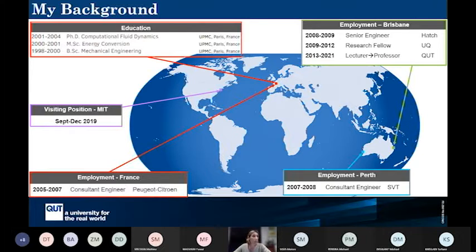In between, I also spent 4 months at MIT in 2019, just before COVID hit. So I was quite lucky to be able to go there, spending some time in a microfluidic department looking at mainly microfluidic applications, but on the experimental side. That's basically my journey since the very beginning.